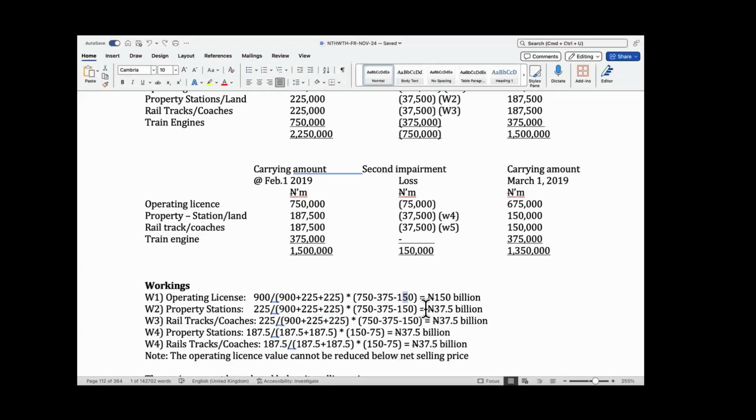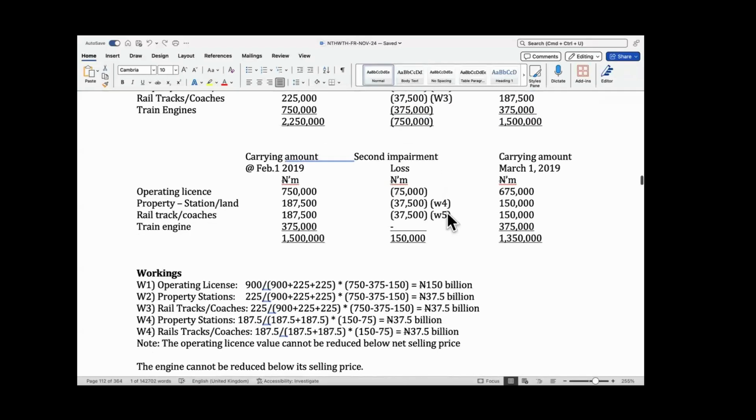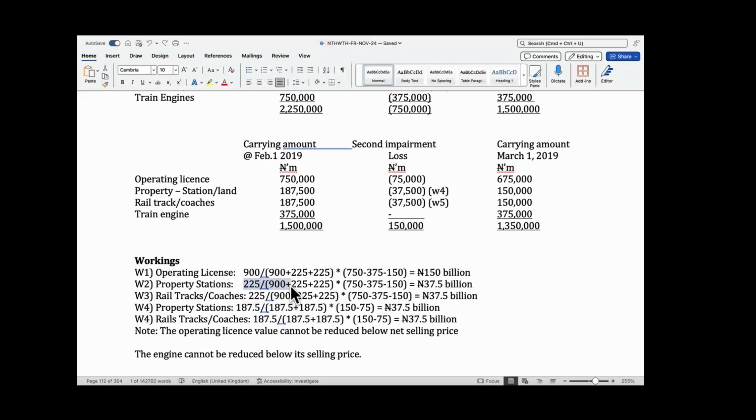So when you do the maths, we are allocating 150 to operating license. So operating license will fall from 900 to 750. Then to property stations, the same way we did for operating license, 225 over the total times that 750 minus whatever is remaining, that gives us 37.5 for the property stations.